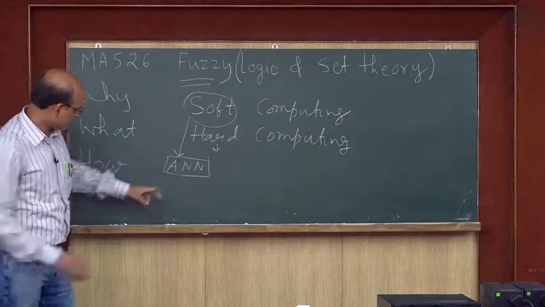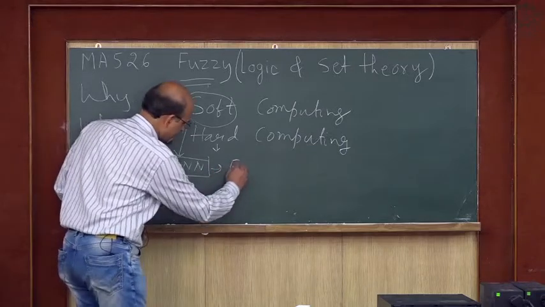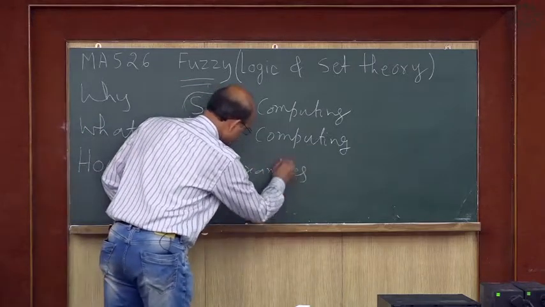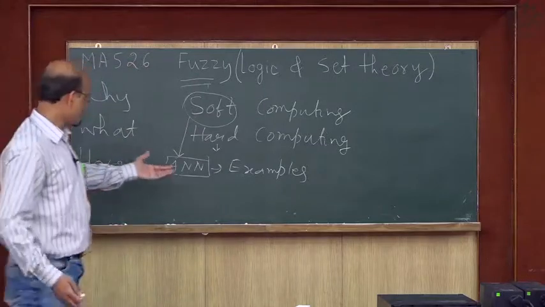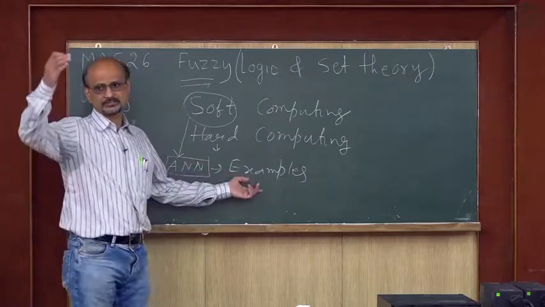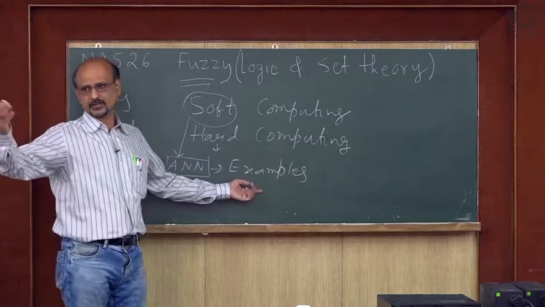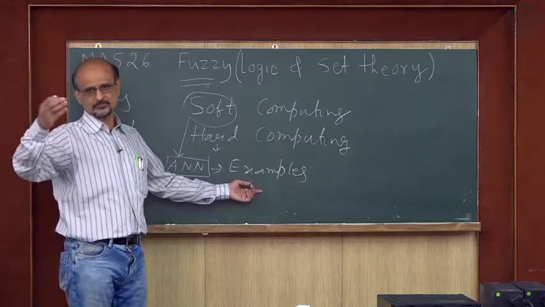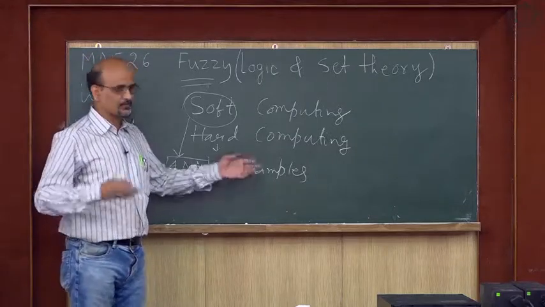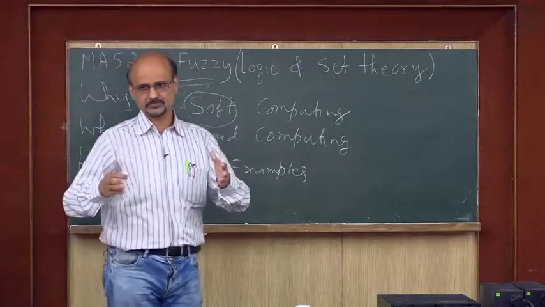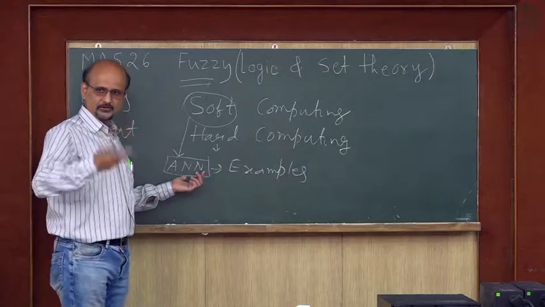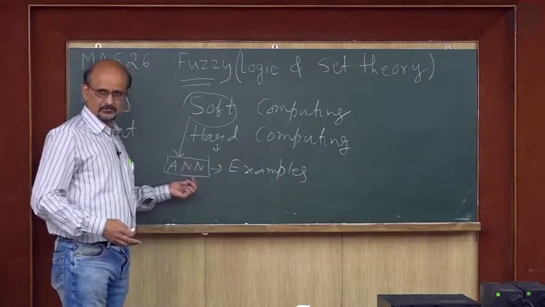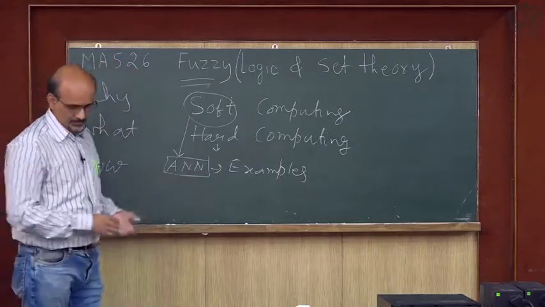In ANN the training is done by examples. Means if I want to solve any differential equation or eigenvalue problem, we will not write the instructions, the different methods for eigenvalue problems or systems of equations. Instead we will use different examples and train that model, and then for new data you can get the answer. So this we will see later.